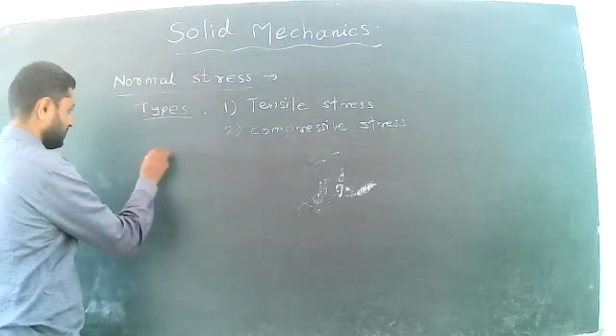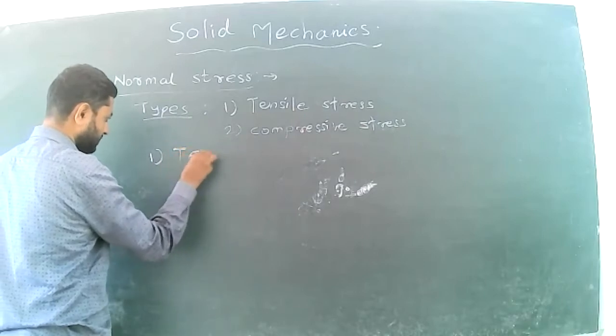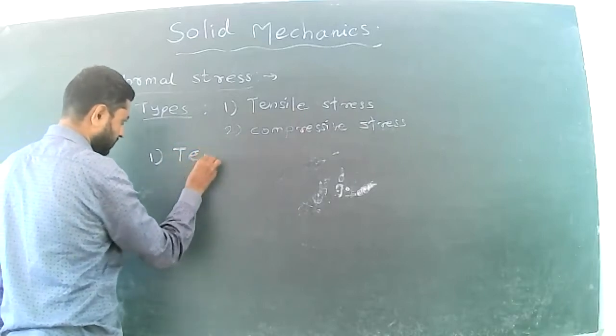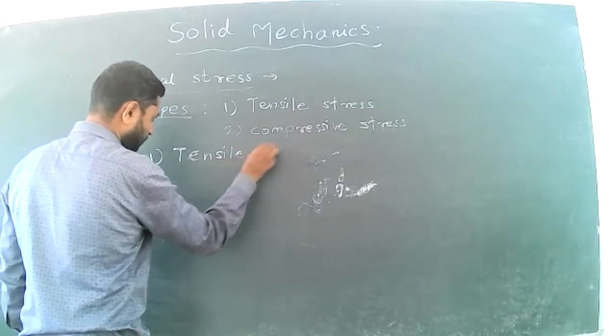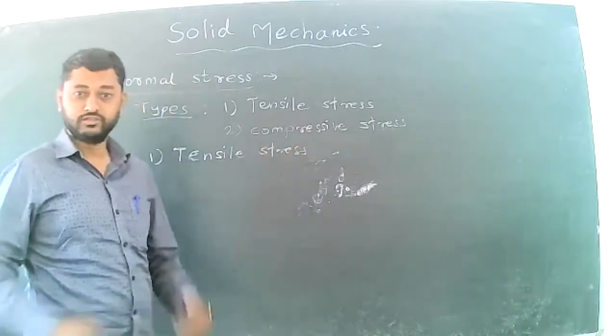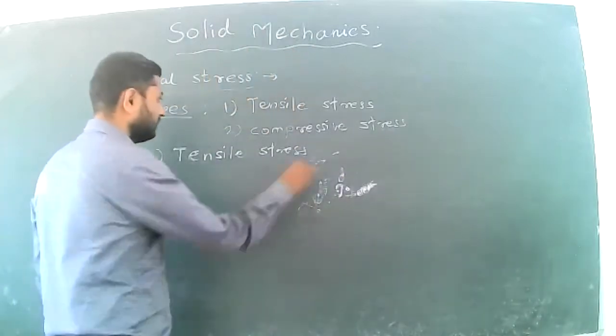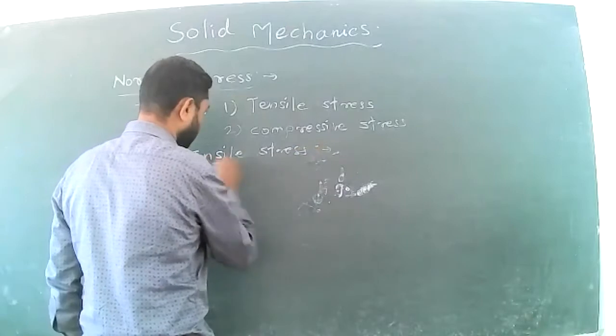So first, tensile stress means what? Tensile stress is nothing but when we apply two equal opposite pulls to any body and it increases the length of the body.